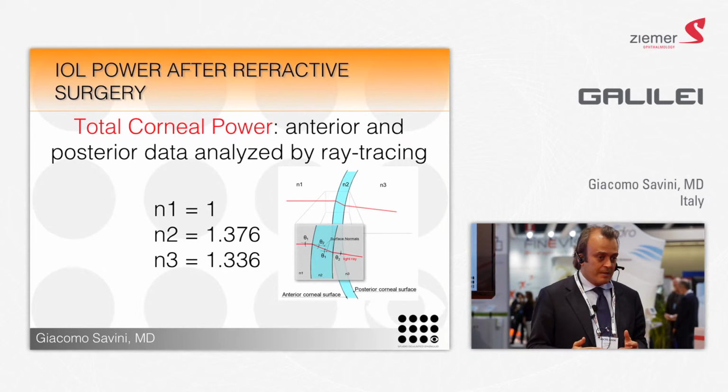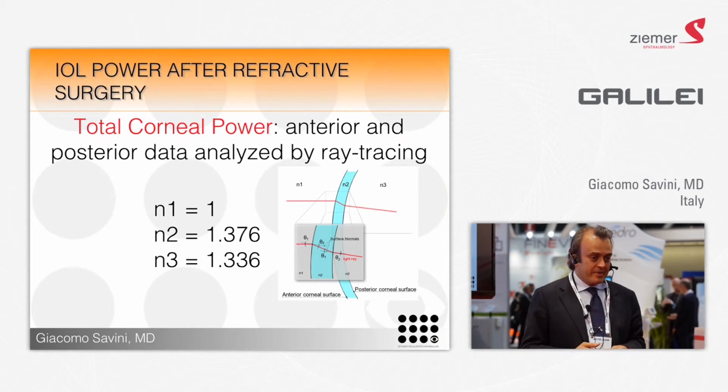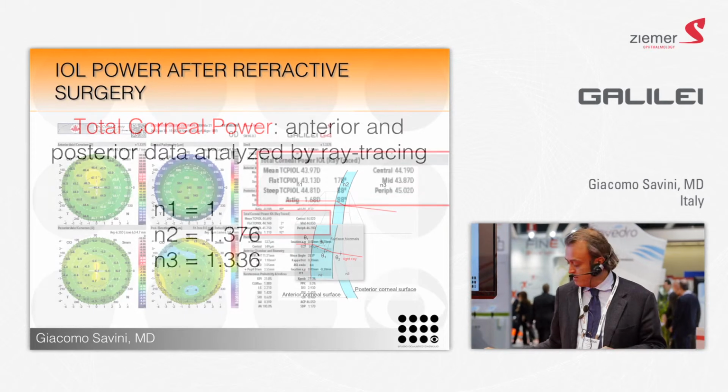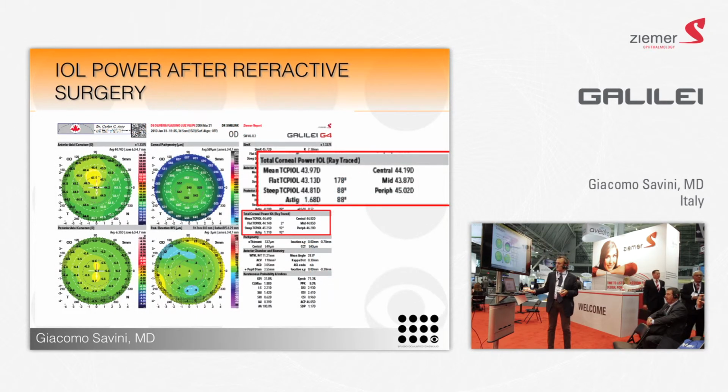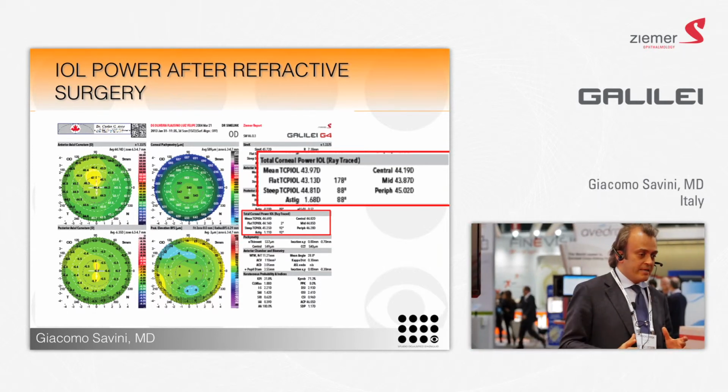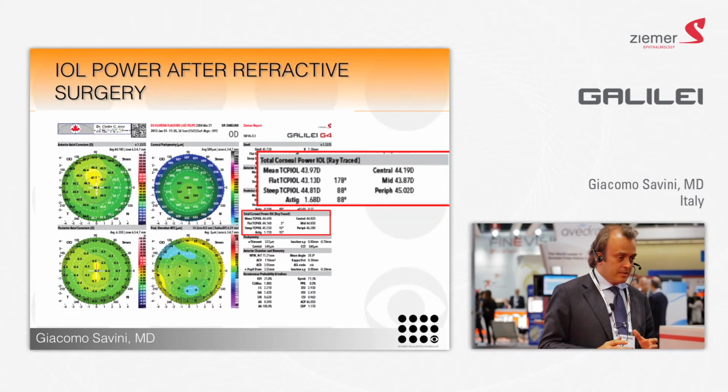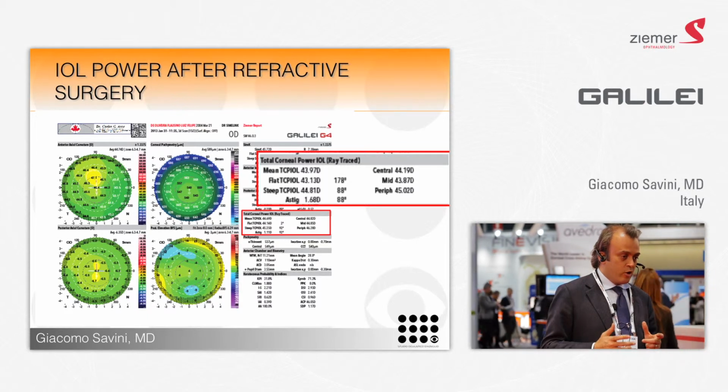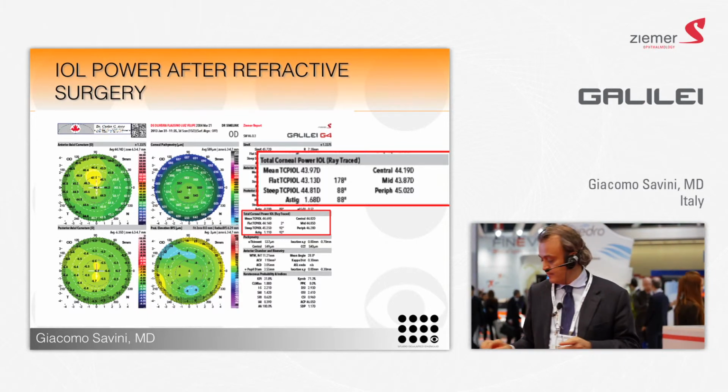So the total corneal power by the Galilei is usually 0.5 to 0.7 diopters lower, even in normal, unoperated eyes. You get this measurement from the G4 or the G6 Galilei, and you can enter these numbers into the IOL power formulas.